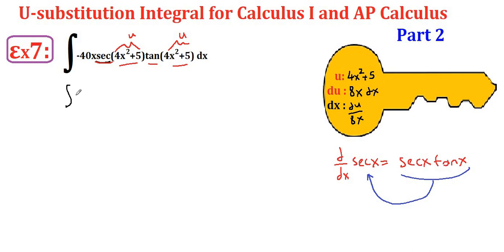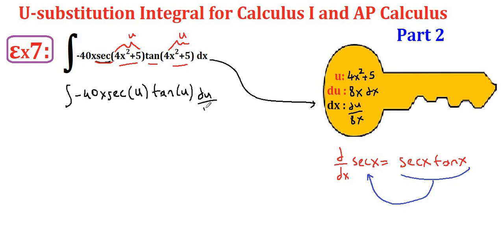Let's rewrite everything in terms of u. So we have negative 40x secant, instead of that angle, we're going to use u, and tangent of u, and instead of dx, we have du over 8x. Negative 40x divided by 8x is negative 5.